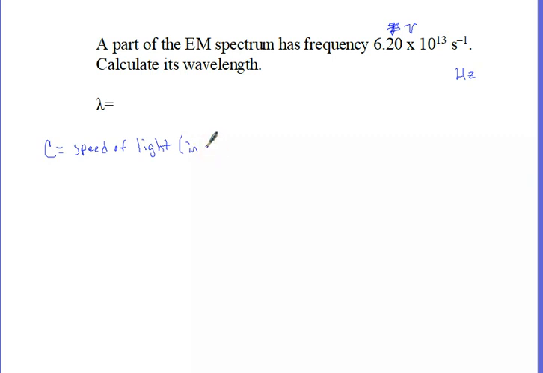So there's nothing for it to pass through. There's no medium. And we'll work with a certain value, and that value from your textbook is 2.998 times 10 to the 8th meters per second. So it is very important that you use meters per second so that you can use per second and come out with a wavelength in meters.